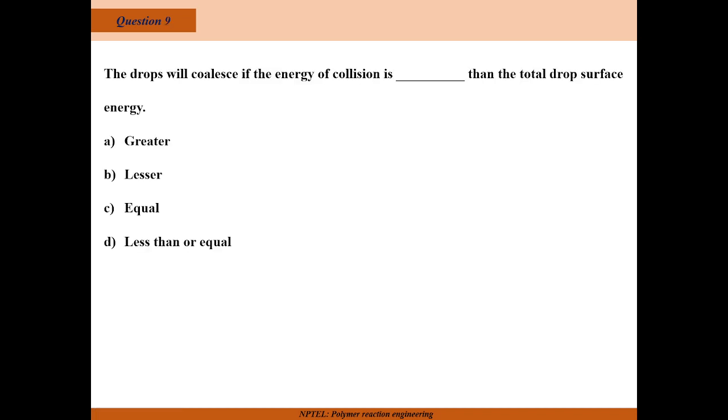The drop will coalesce if the energy of collision is dash than the total drop surface energy: greater than, lesser, equal, less than or equal. It should be greater. Coalescence is basically a process by which many things come together.